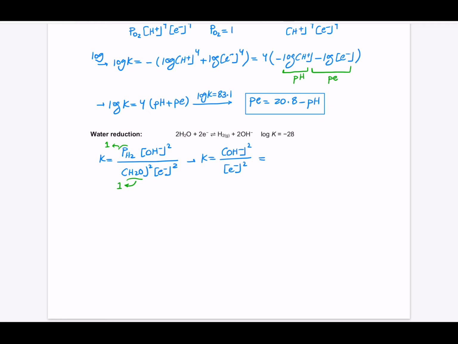And because we're interested to know about pH, we can convert that OH minus to H plus. So this would be KW over H plus, to the power of 2, and then divided by the electron to the power of 2. The same thing if we do log. What we get is log of K equal to 2 log of KW minus 2 log of H plus minus 2 log of electron.